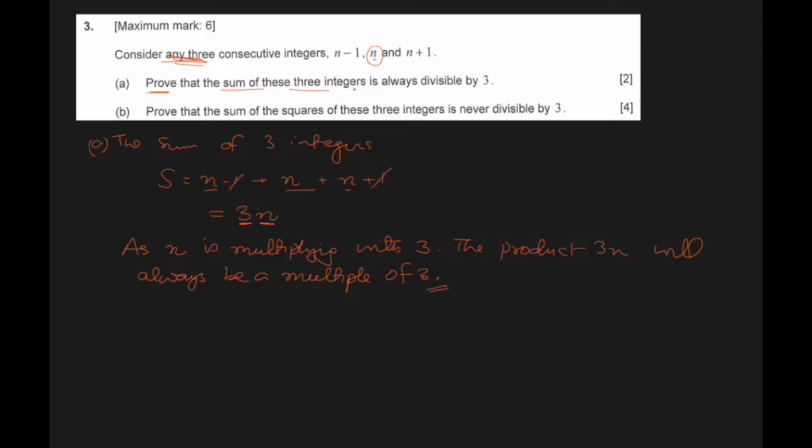So that's why the sum is always divisible by 3. Multiple of 3 means it is divisible by 3, right?